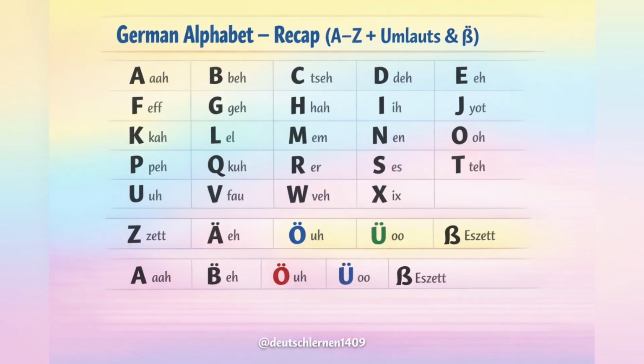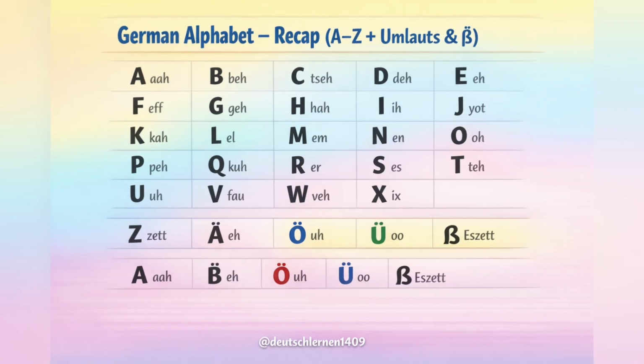After that, we learned the 4 special letters of German. The first 3 are called Umlauts: A umlaut, O umlaut and U umlaut. These letters change the sound of a word and are very important for correct German pronunciation. And finally, we learned Eszett, also called sharp S. This letter sounds like a double S and appears in many German words.